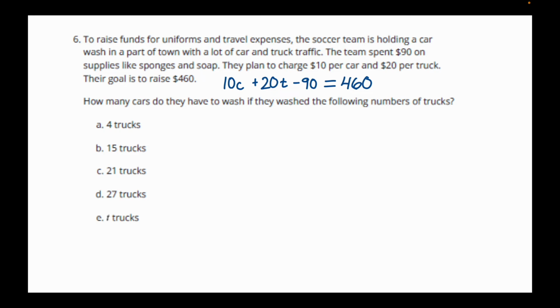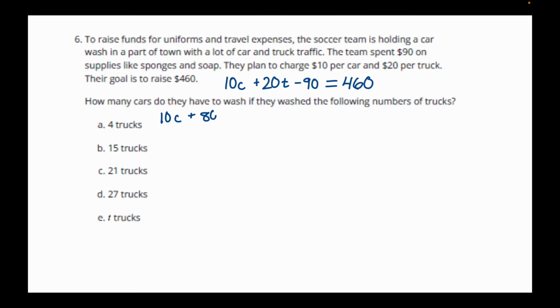So this would be 10C plus, now in this case, T is 4, so 20 times 4 is going to be 80, minus 90 equals 460. 80 minus 90 is negative 10, so we'll have 10C minus 10 equals 460.